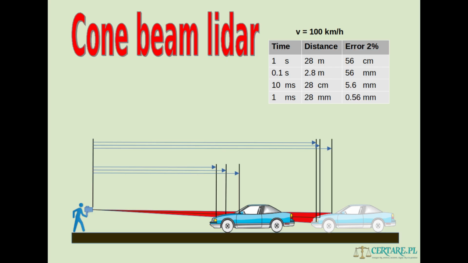If now we are trying to measure the speed using 0.1 second intervals, that means that the maximum the car travels is 2.8 meters in that time, which means the maximum allowed error of the distance measurement is 56 millimeters.